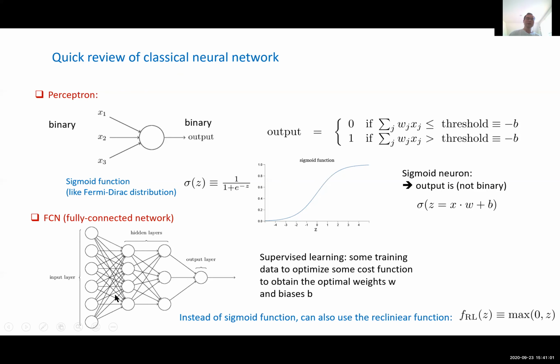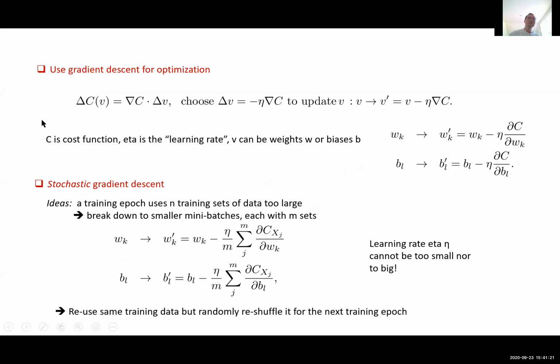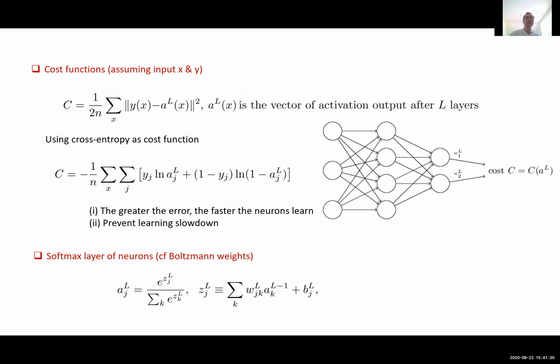But the idea is that you want to optimize these weights, maybe to learn a function, and from that you would get an optimized neural network that could help you to determine a future input. Okay, so the gradient descent, or a subset called stochastic gradient descent, is a way to optimize these variables. But it's not that important in this context here for our understanding of using quantum computing.